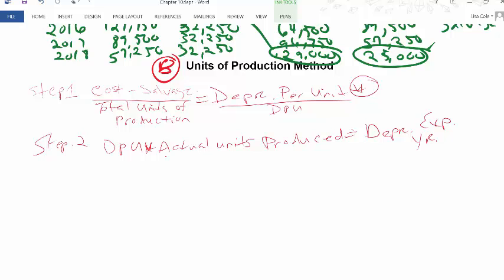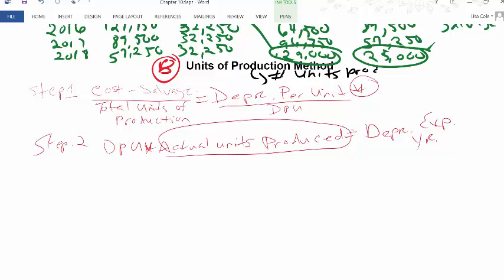Now this number is going to change every year, unless you happen to produce the same units every year. Okay? So our units of production, the depreciation is based off the number of units produced. So it's not the same amount every year.